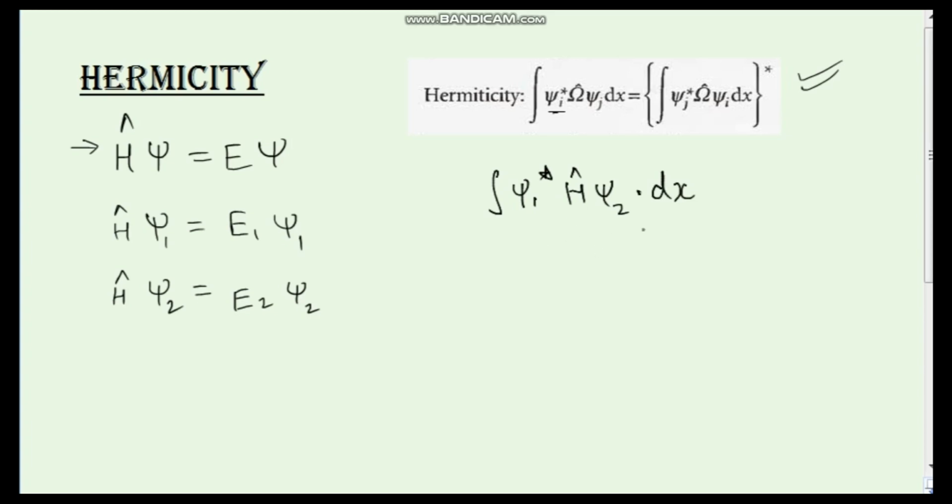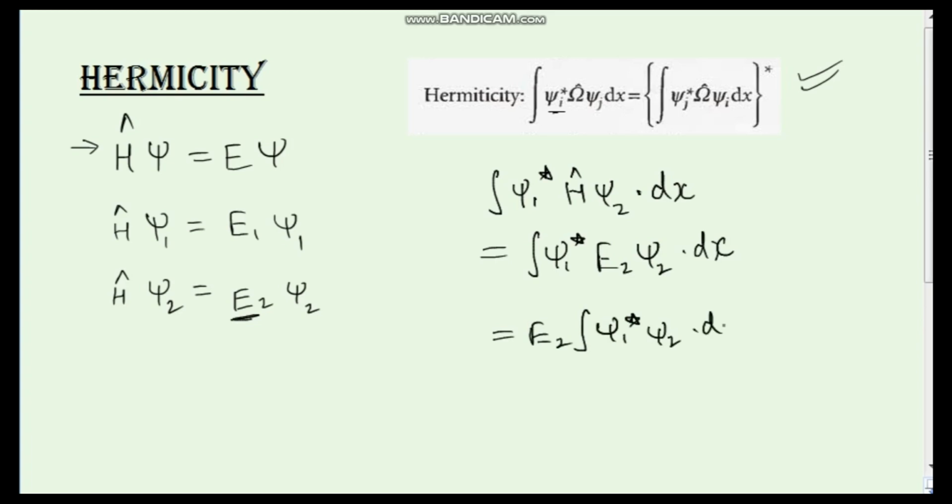Let's see what it comes out to be. It's going to be the integration of psi 1 star, and as we know, H cap psi 2 is E2 psi 2, so you will get E2 psi 2 dx. You can take E2 out, you will have the integration of psi 1 star psi 2 dx.